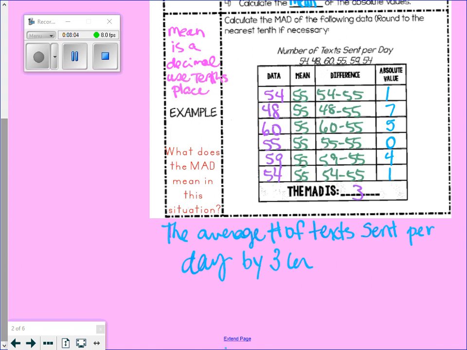So say it from the very beginning. So the average number of texts sent per day varies by an average of 3 from the mean. Yeah.